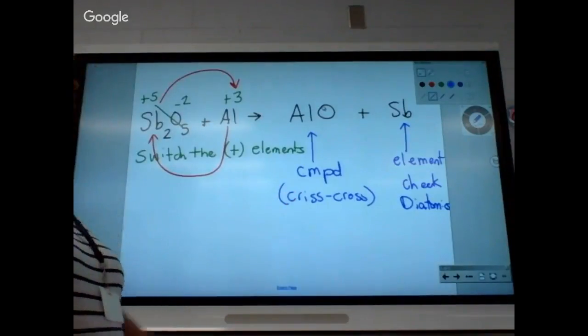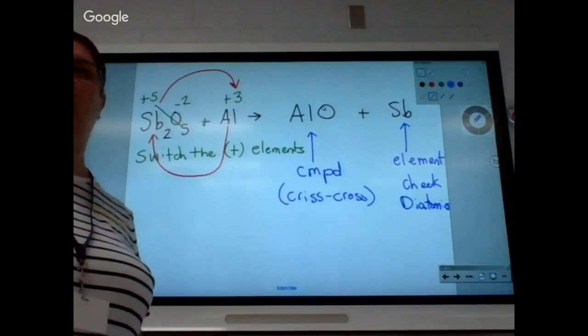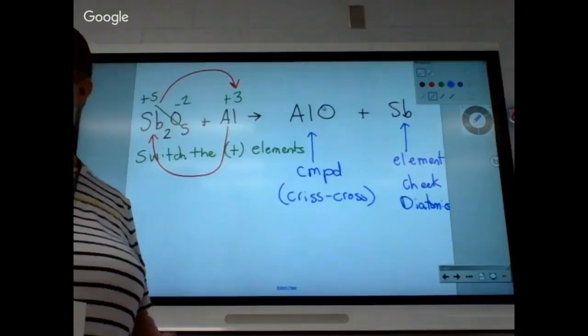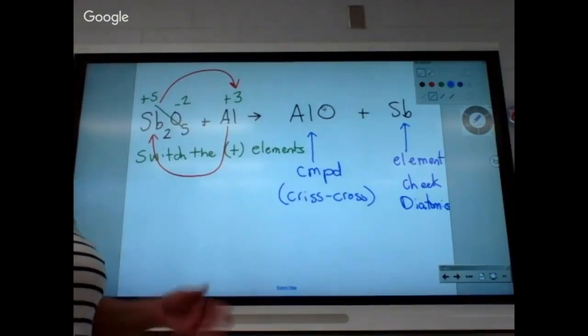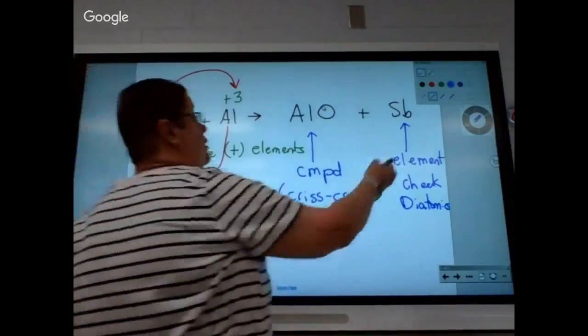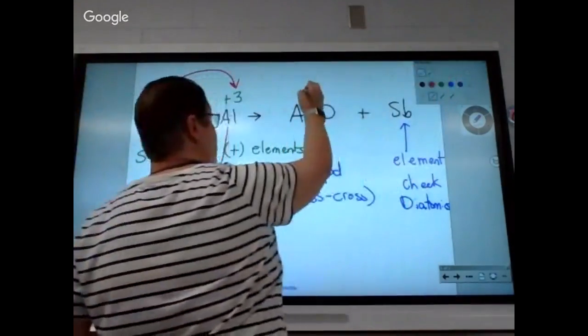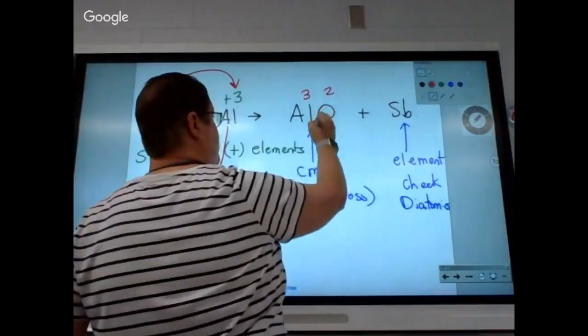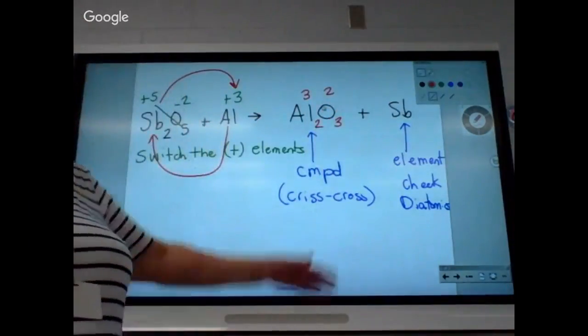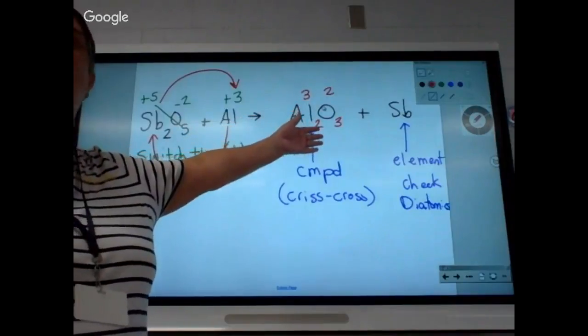Okay? So when you look at AlO, that's a what? That's a compound. You have to crisscross. What are the oxidation numbers? They're right there. Aluminum is a 3. O is a -2. So I'm going to put them in. 3, 2, bring my 2 down, bring my 3 down. Okay? Sb is an element by itself.